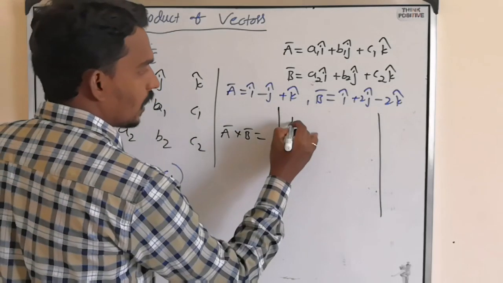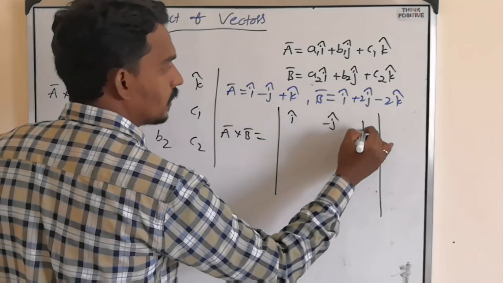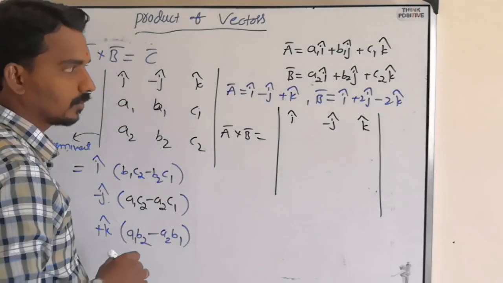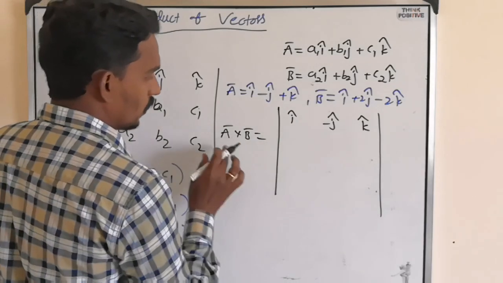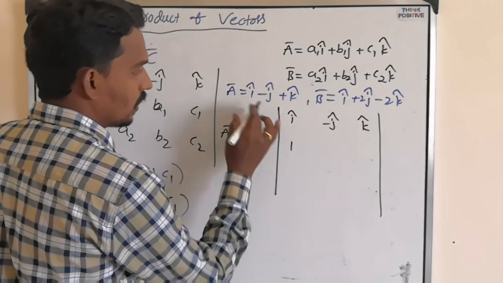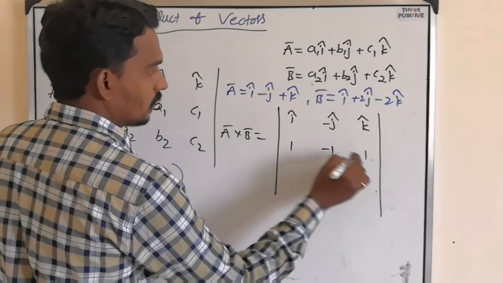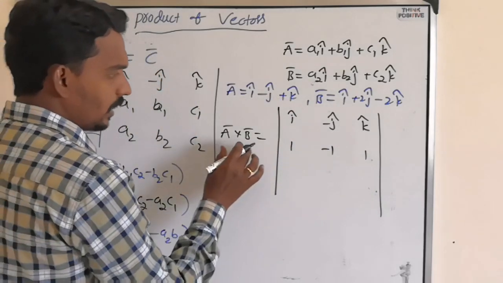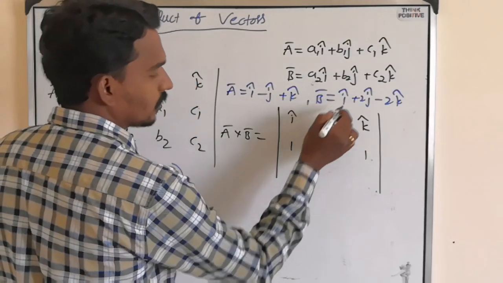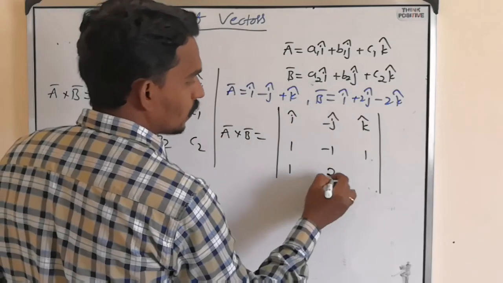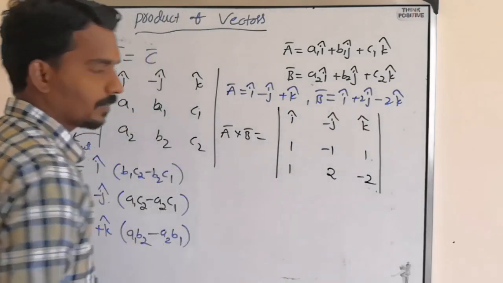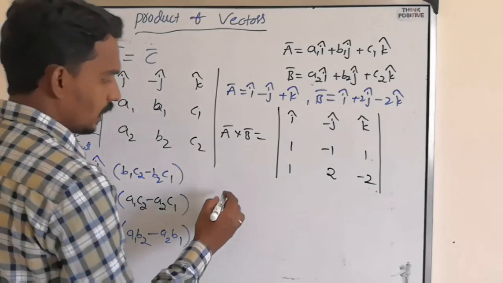First row: i, j, k cap. Then second row, a bar coefficients: 1, minus 1, 1. Then b bar coefficients: 1, 2, minus 2. Then expansion.